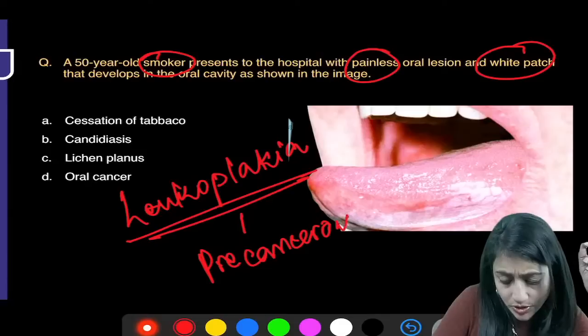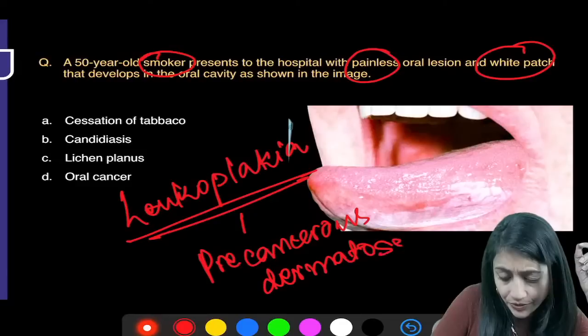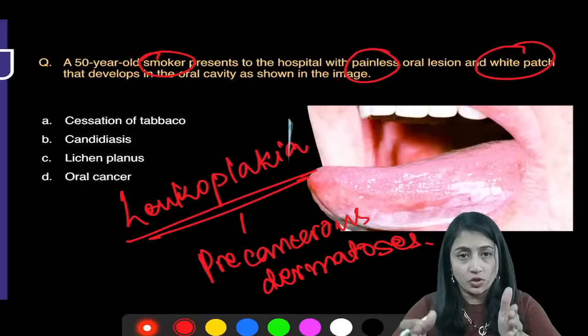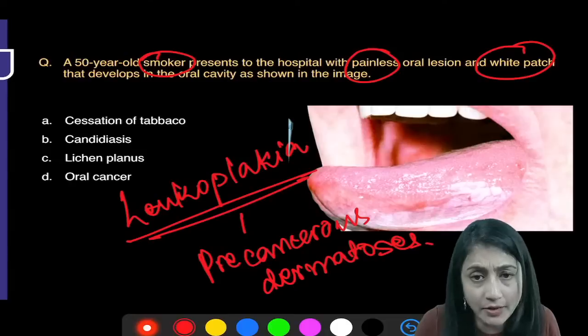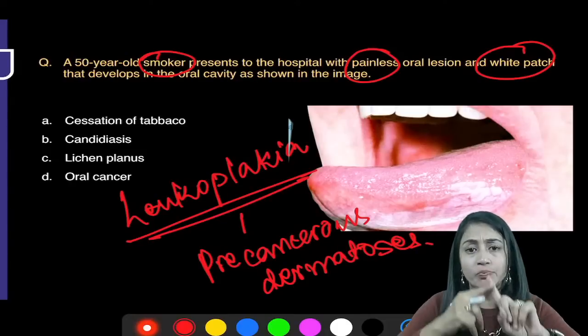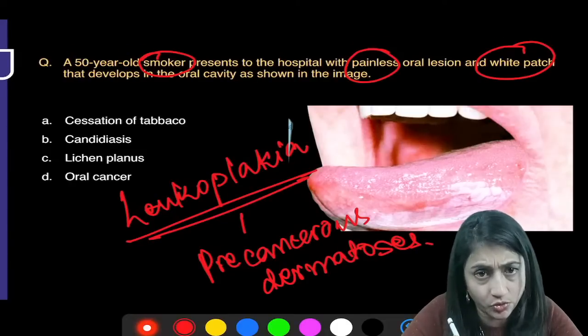Okay, so if these were the options, smoker, painless, white patch, it would be some form of leukoplakia. Leukoplakia is a precancerous dermatosis. We know that.